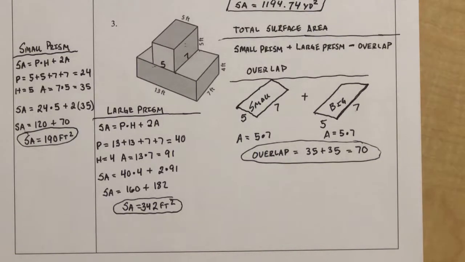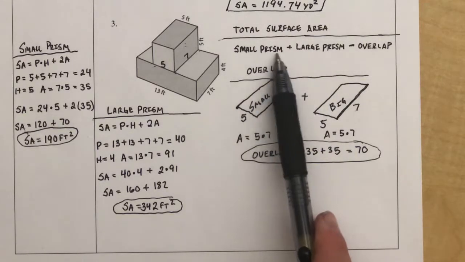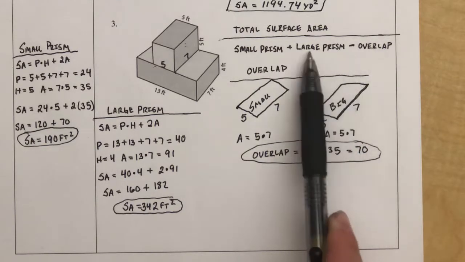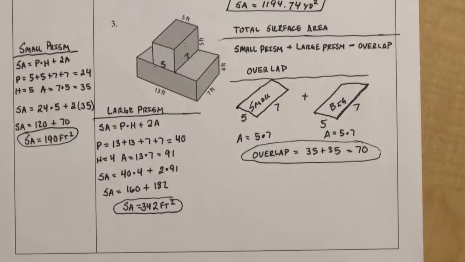So now what we're going to do is use the formula we began with. We're going to write down the surface area of the small prism, add the large prism, and then subtract overlap.